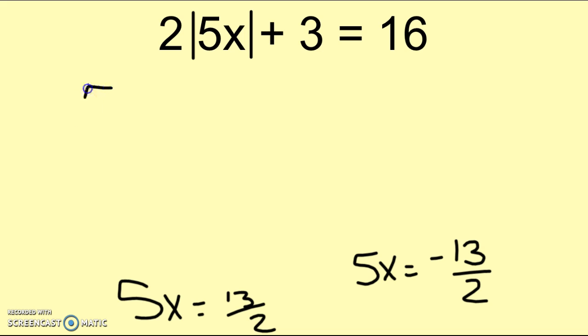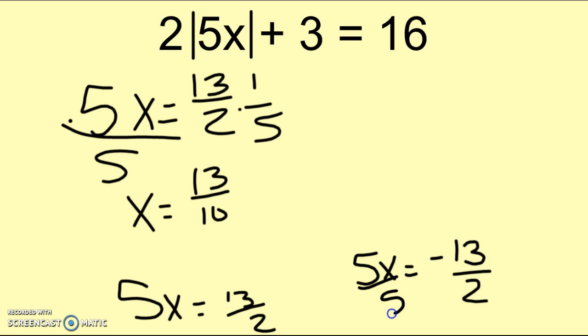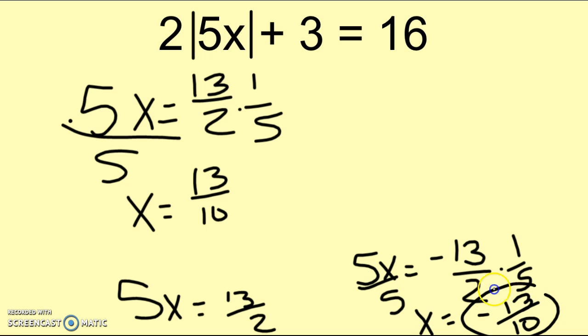We had 5x equals 13 over 2. Divide both sides by 5, which means multiply by 1/5, and you end up with x equals 13 over 10. Over here you divide both sides by 5, and you get x equals negative 13 over 10. It doesn't always work out that way, but in this case it did.